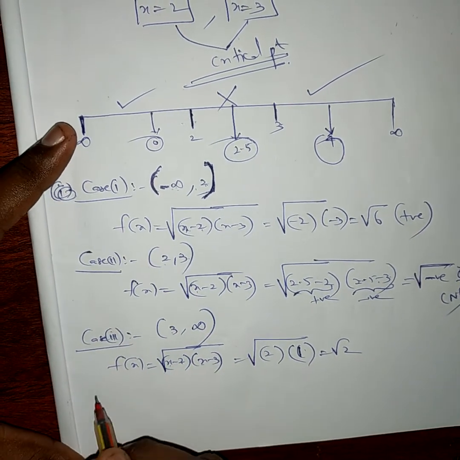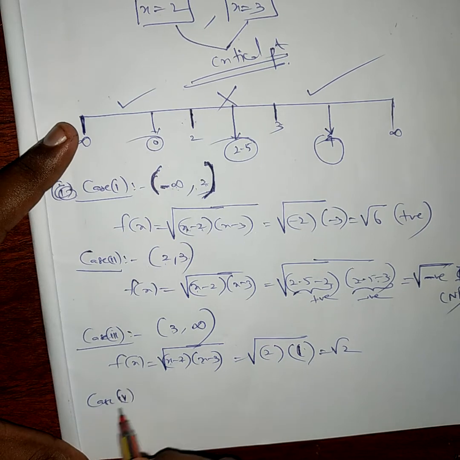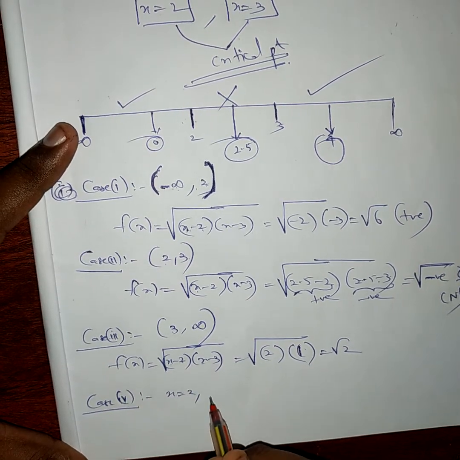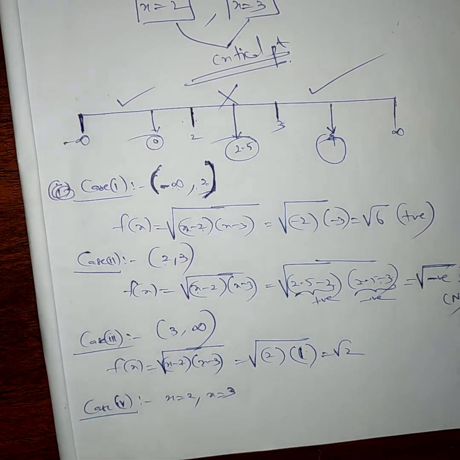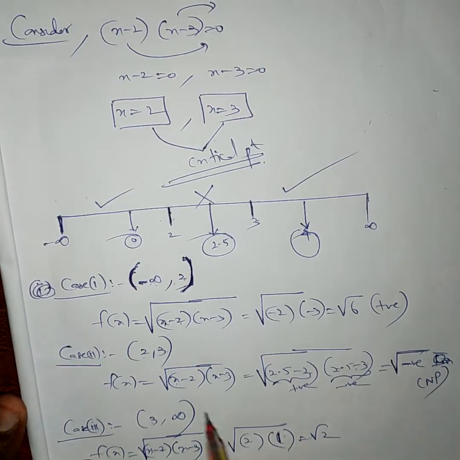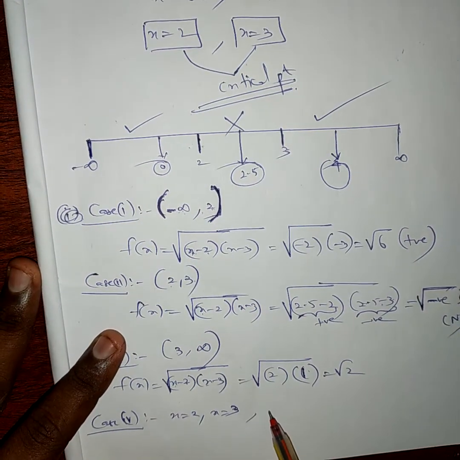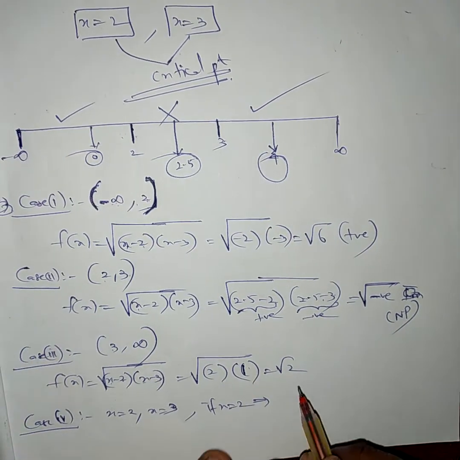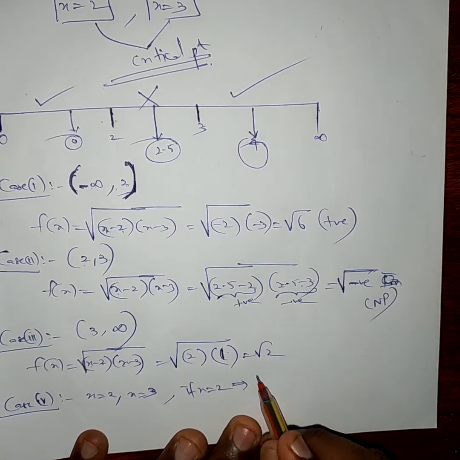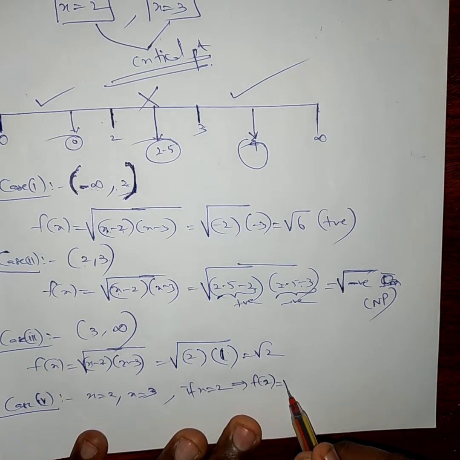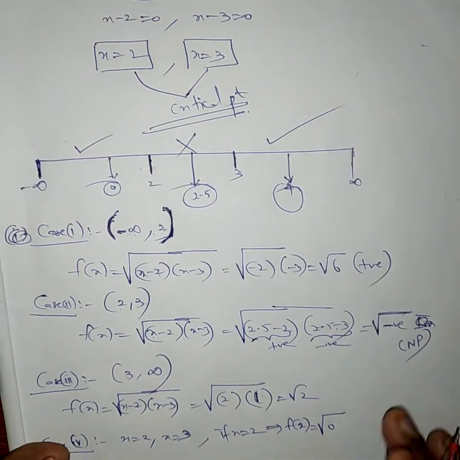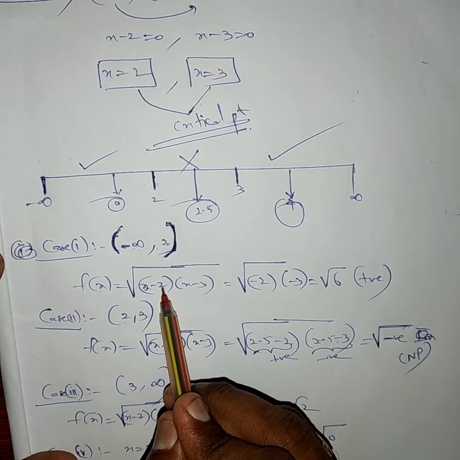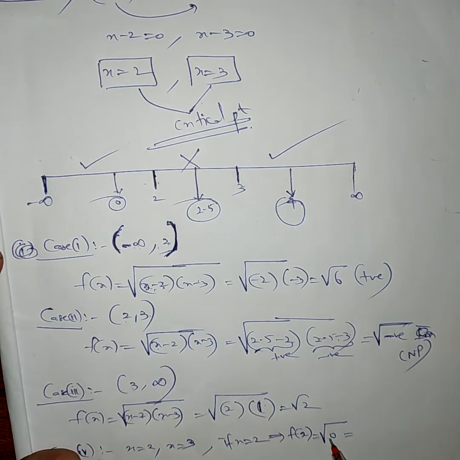Since I have not taken them, case 4 is x equal to 2 and x equal to 3. Listen here. If x is equal to 2, then f of 2 equals the square root of 0, since 2 minus 2 is 0, and 0 times anything is 0. The square root of 0 is nothing but 0.